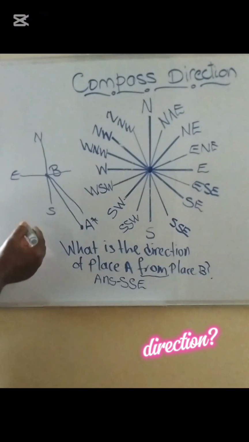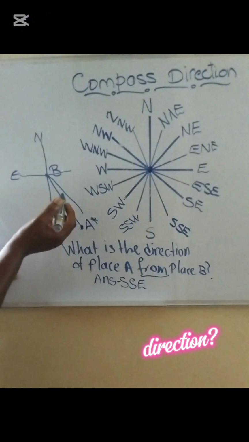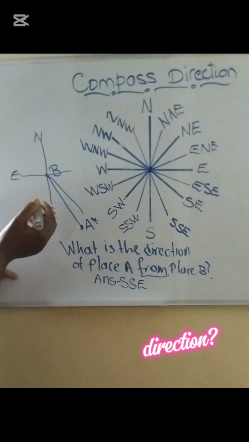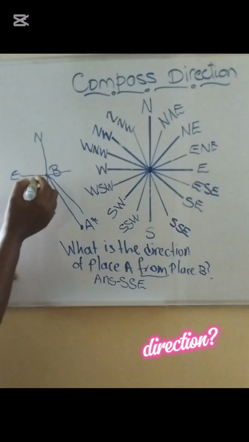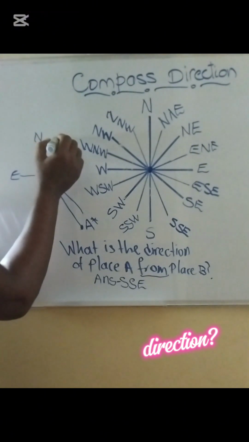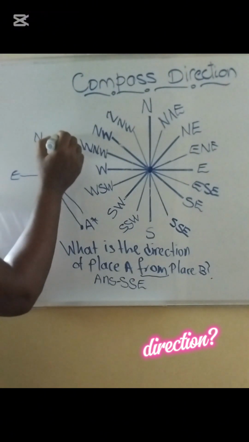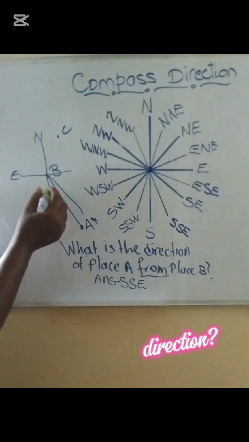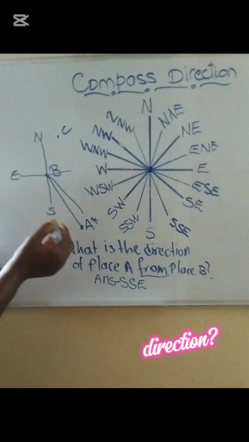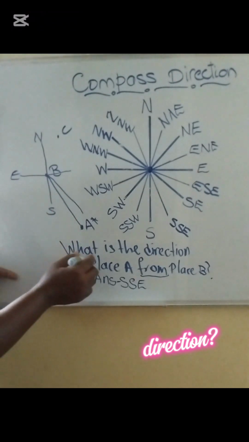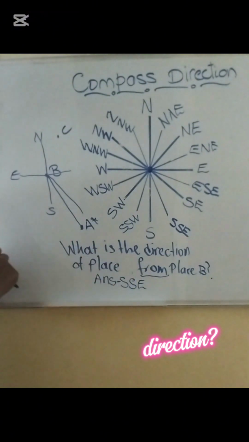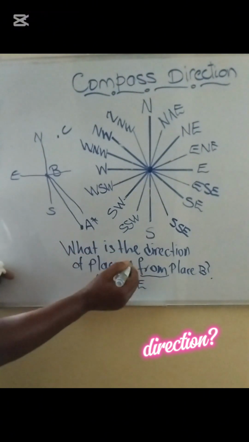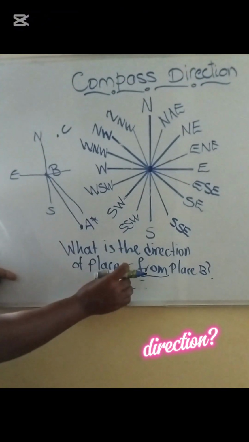Let's do another one. Supposing we're given the direction of place C from place B. What is the direction of place C from place B?